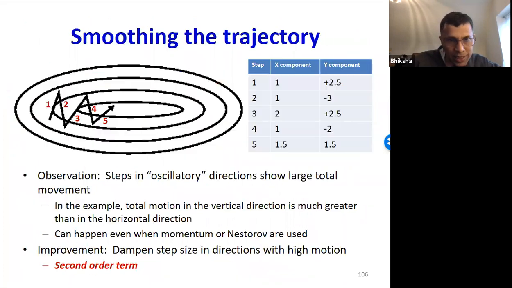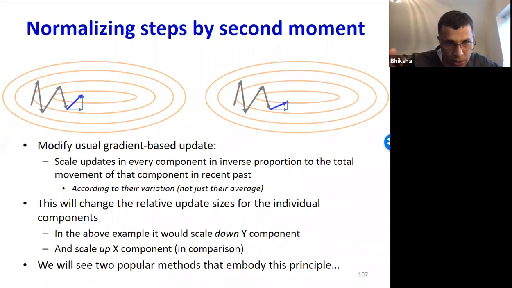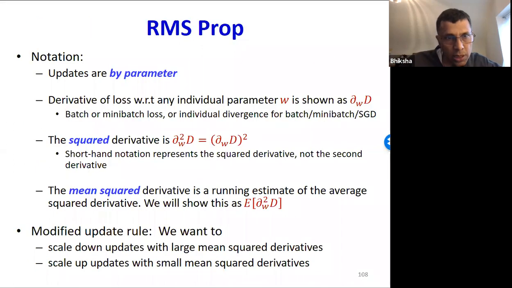So in this example, it's going to scale down the step sizes, the learning rates, for the vertical component. It's going to also modify the learning rate in the horizontal component, but not so much. There are several techniques which are based on this simple principle, and you have encountered at least one of them. I'm going to be presenting two. The first is RMS prop.